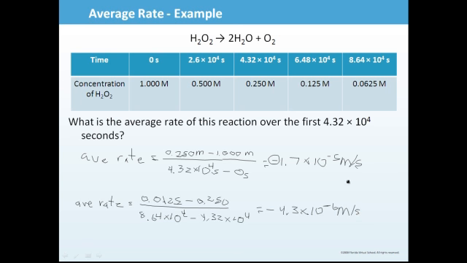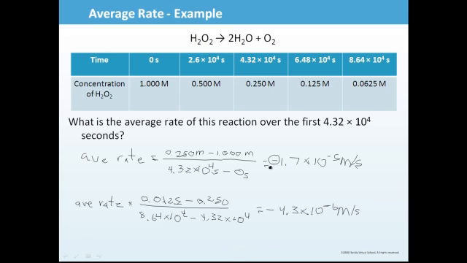So you can see, like we were talking about earlier, the rate for the first half of the reaction is faster than the rate for the second half of the reaction. And that is what we would expect, because as the concentration is decreasing, the rate will also slow down. And that's what we see here with the results that we get.